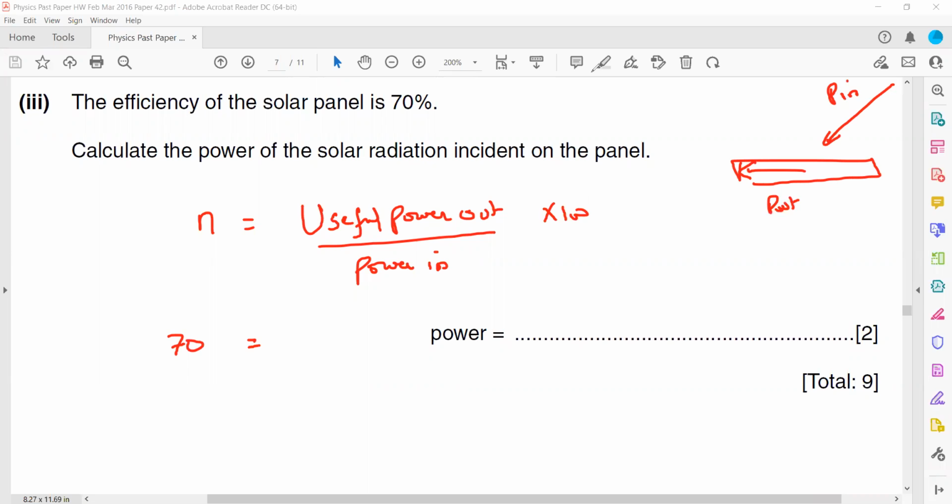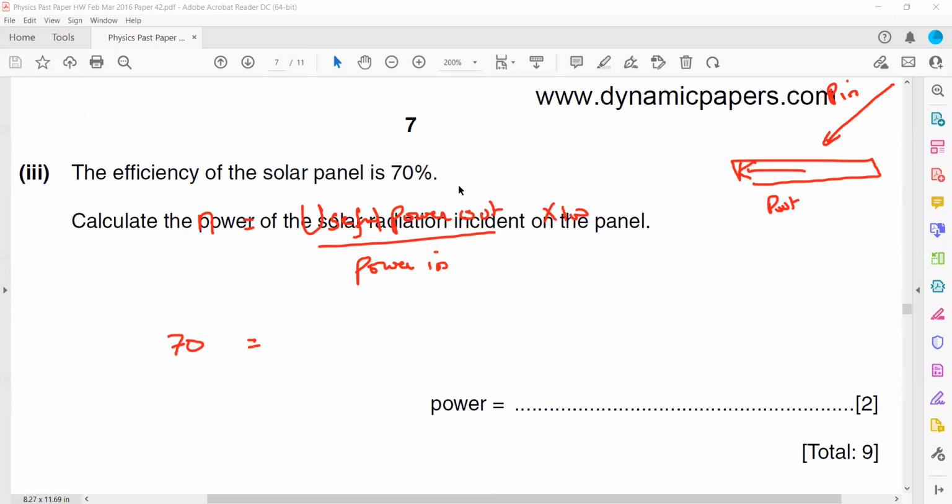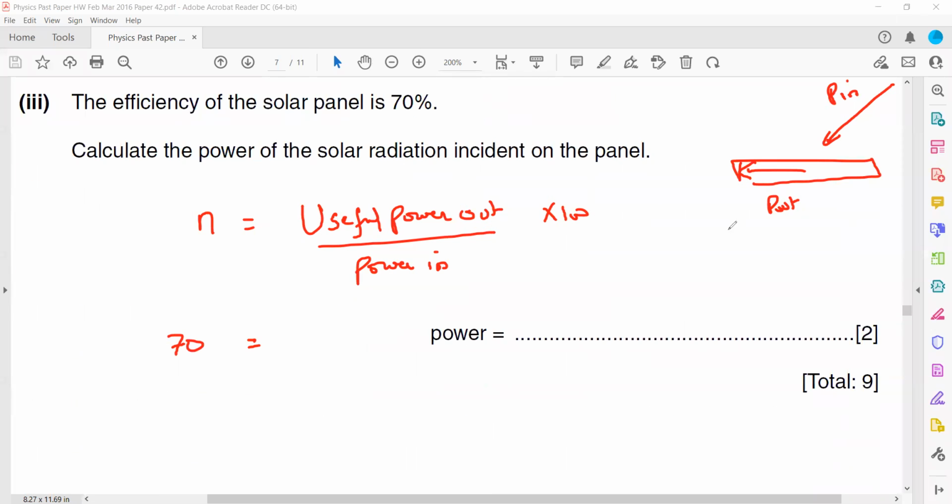So how do we get the power output? We already have the energy. In the last part we calculated the energy, which was 4100 joules. And how much time did it take to absorb this energy? Power equals energy divided by time, so 4100 divided by 5 seconds gives the power output, which is 820.